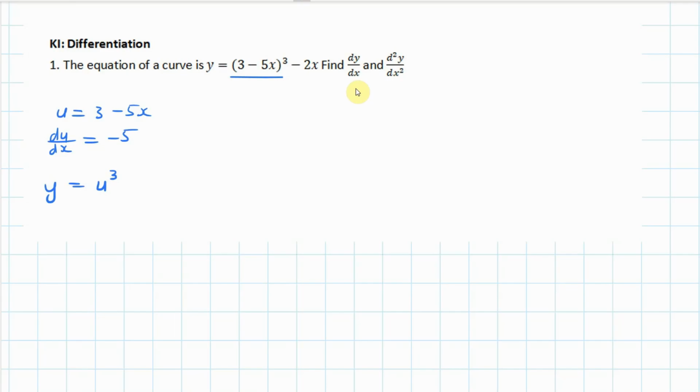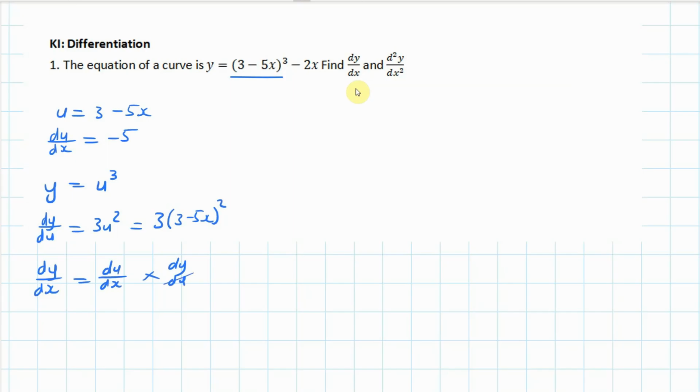And then we just go dy/du equals 3u squared, and now we can reinsert the u: u was 3 minus 5x, and we get 3(3 minus 5x) squared. Now dy/dx, the gradient function, is equal to du/dx times dy/du.